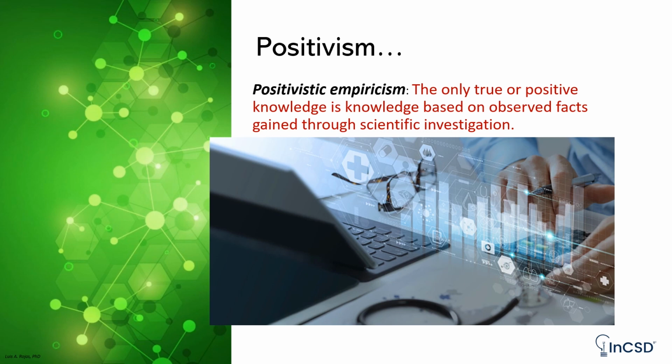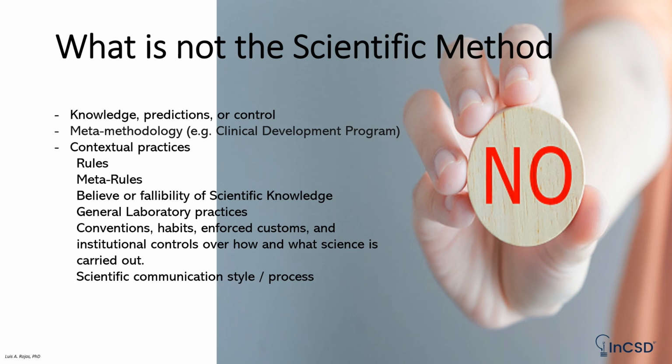The system confines itself to the data collected and excludes any a priori or metaphysical speculations. So now we can affirm that the scientific method is about following a systematic process for observation and experimentation using either inductive or deductive reasoning or a combination of both.